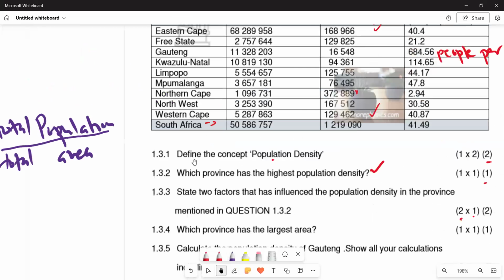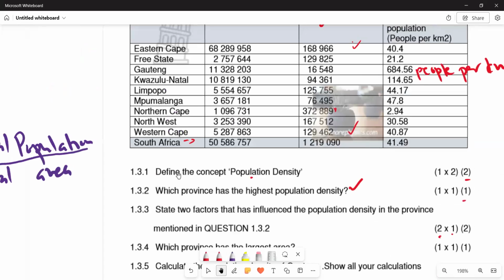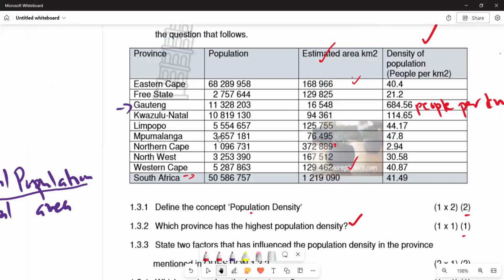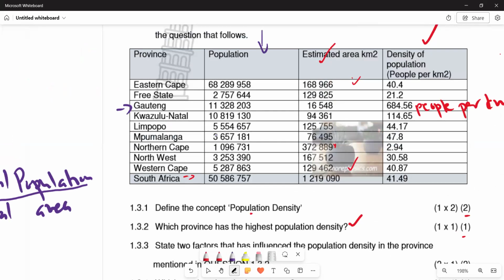The question is asking us about Gauteng province in particular. So we are here. The total population that we have, remember the column for population is this one, is 11,320,203. And then obviously the estimated area is here, which is 16,548.